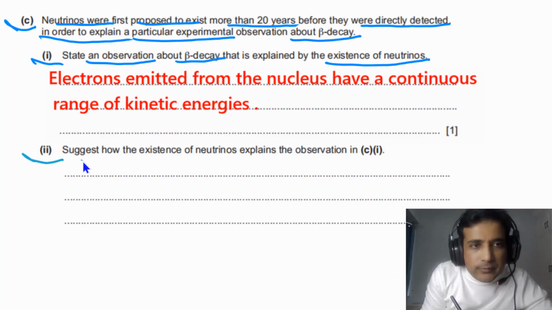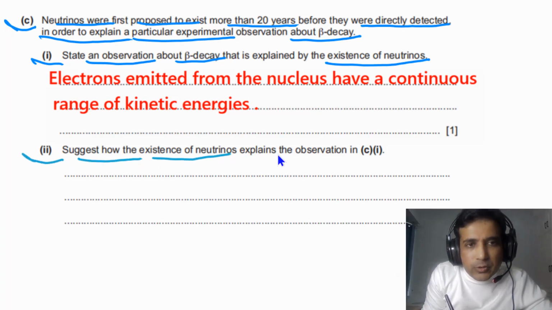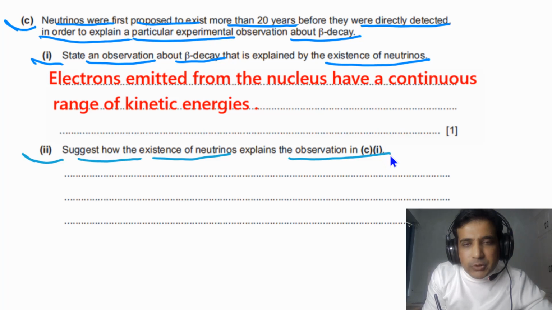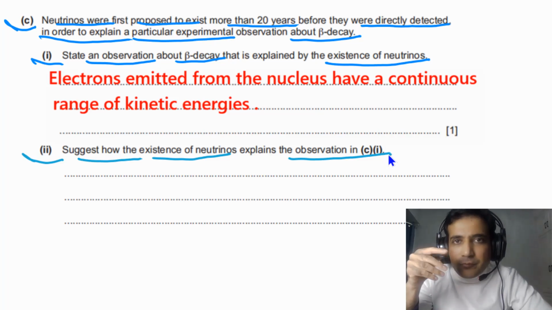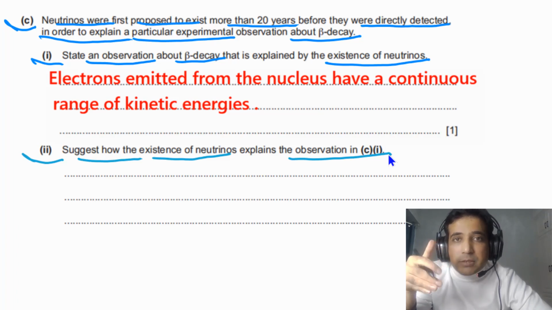For the second part, we need to suggest how the existence of neutrinos explains the observation in C1. In beta decay, we found that beta particles are emitted with a range of kinetic energy in the same experiment. When we repeat the same experiment, we see the kinetic energies of beta particles are different every time. When neutrinos were discovered, we also observed that neutrinos have a range of kinetic energy for the same amount of energy released in any decay.